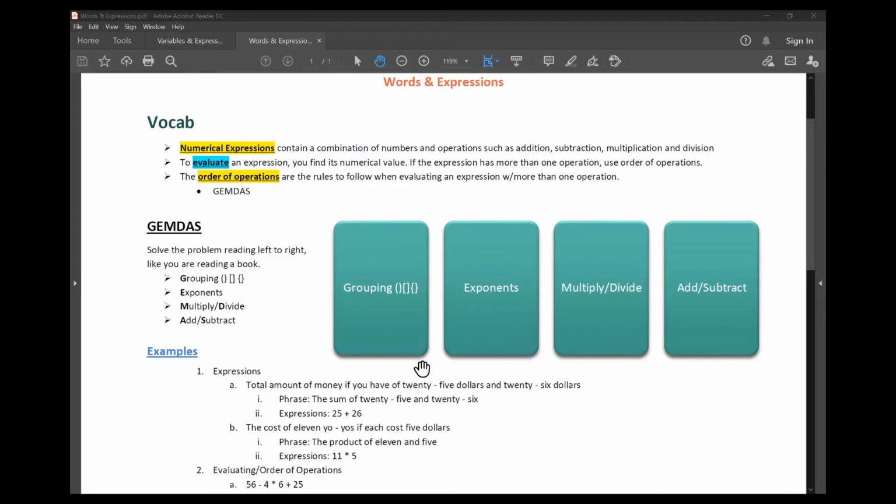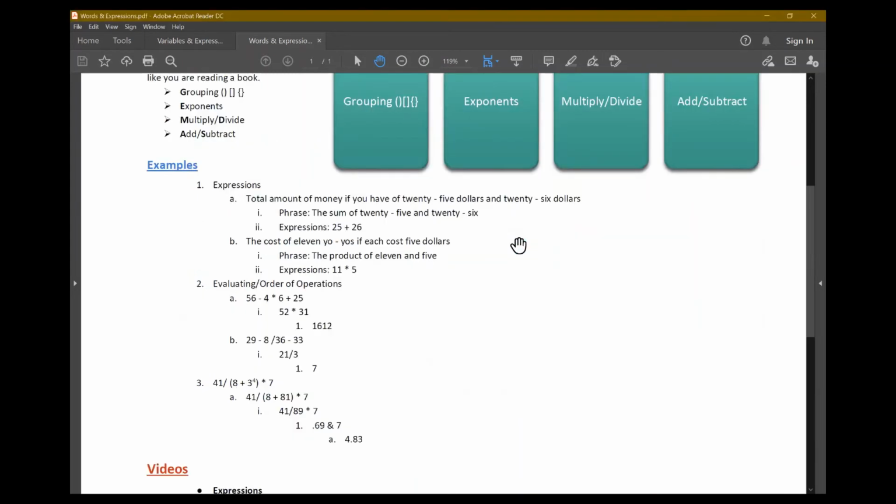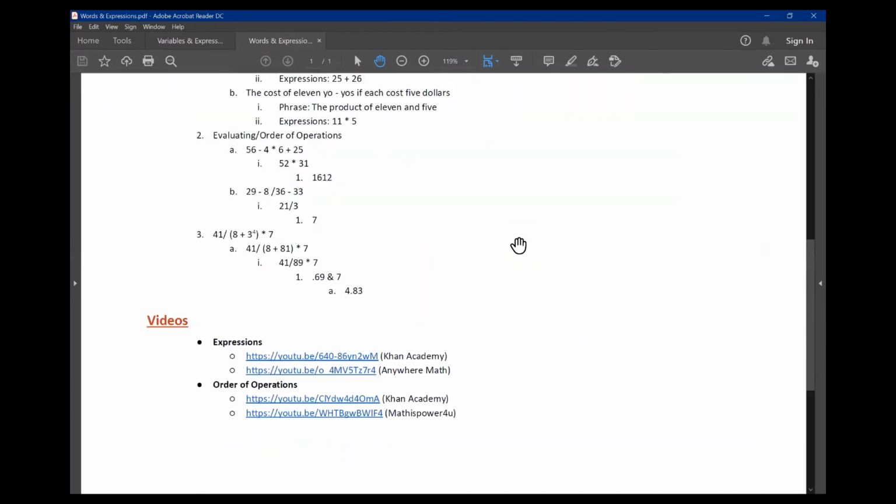We also talked about expressions, how I told you the amount of money if you have $25 and $6, and how to write that down as 25 plus 6. We also covered how to do order of operations, and I showed you 2 videos by Katakami on it.